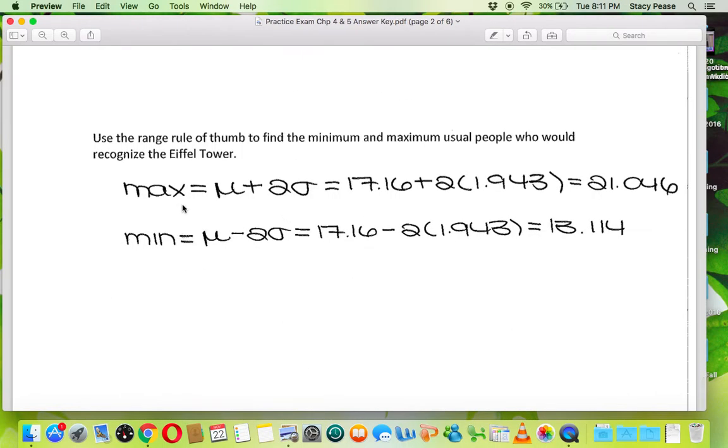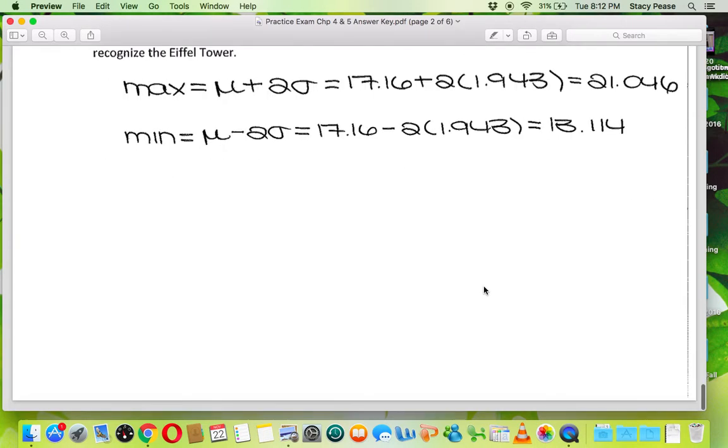So we're going to plug those into our range rule of thumb equations, which gives us our max value of being our mean plus 2 standard deviations, so 17.16 plus 2 times 1.943, and that gives us a maximum usual number of 21.046 people. And a minimum value would be calculated by taking our mean minus 2 standard deviations, so 17.16 minus 2 times 1.943, and that's going to give us a minimum value of 13.114. And that again is range rule of thumb for the Eiffel Tower question.